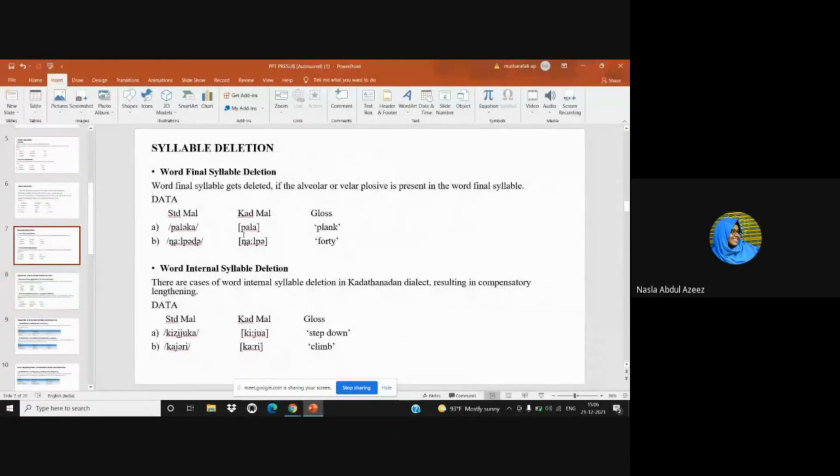This is just my doubt, but you can check. In palaka, this is the example, right? Here the final syllable k gets deleted. Yes, that I got. My doubt is whether palaga is becoming pala. It's pala only, not palaha. Thank you so much, Nasla, for your presentation and taking part in the discussion.